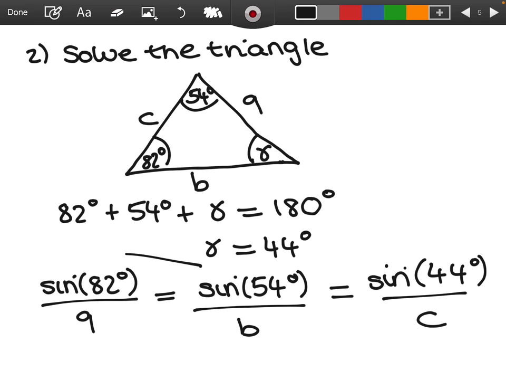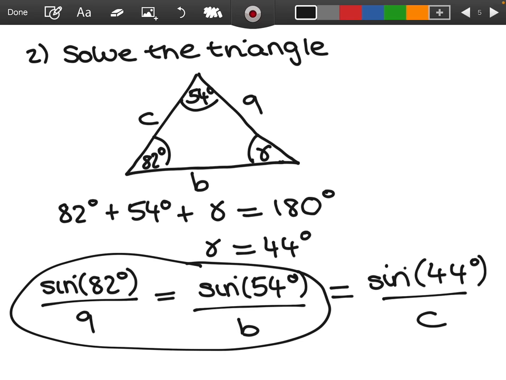We set these two fractions equal to one another, multiply both sides by B, multiply both sides by 9. That will get rid of the fractions entirely, and then we can divide through to find what B is. When you do this, I'll tell you what the answers are.